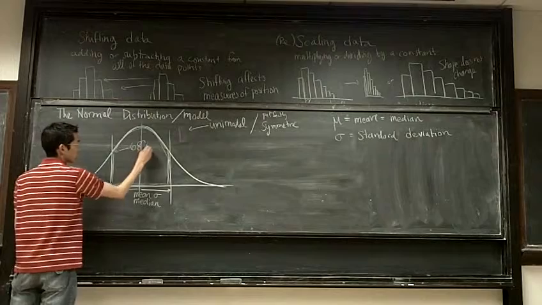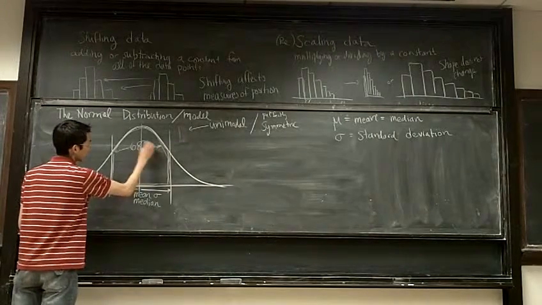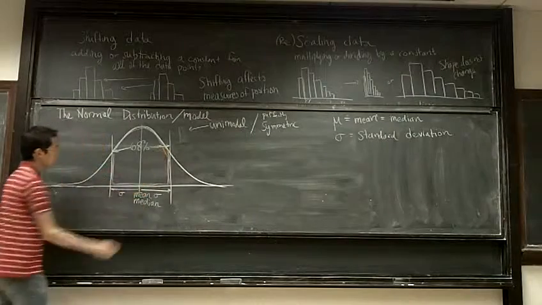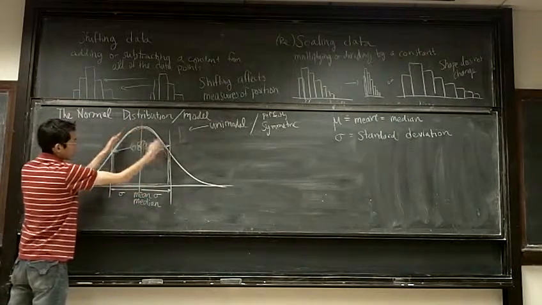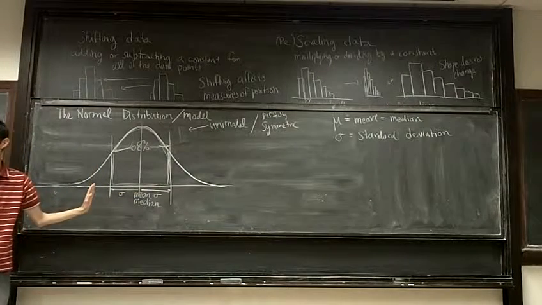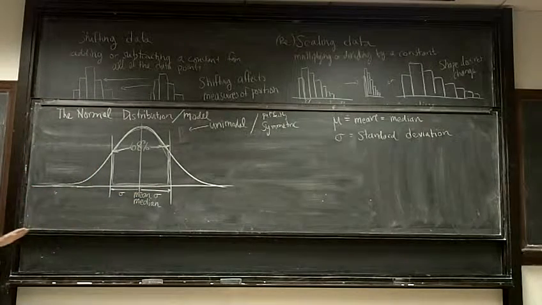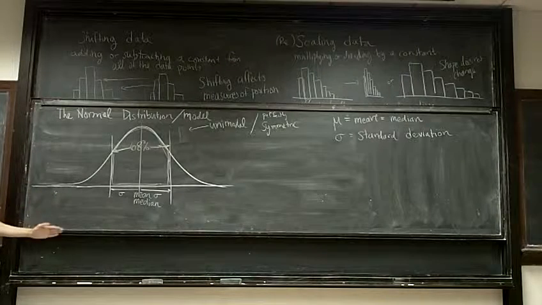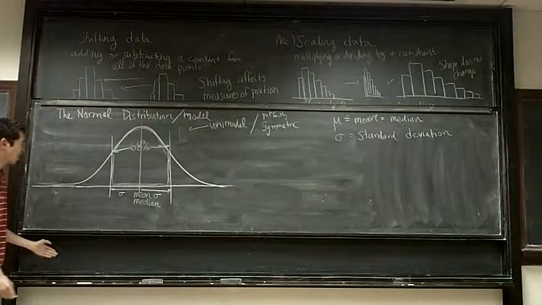Underneath the bell and inside these bars here, that's one standard deviation above and one standard deviation below. That contains about 68%.